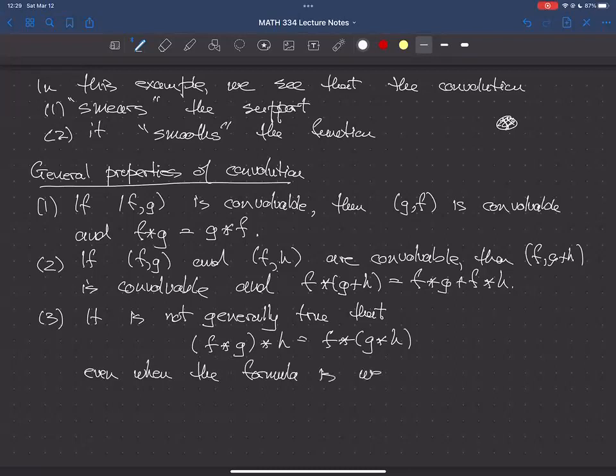It's well defined. Okay. So there are, and we will see many classes of spaces of functions, signals, for which that is true, okay?